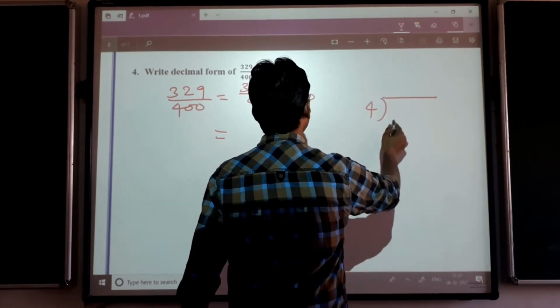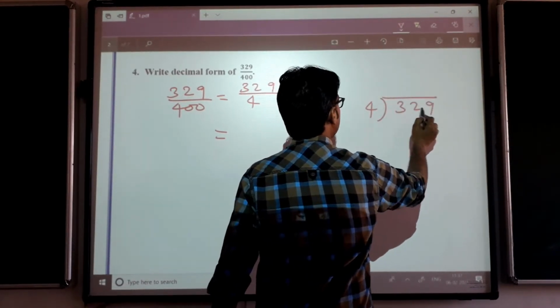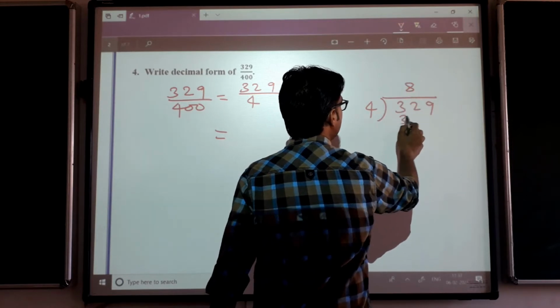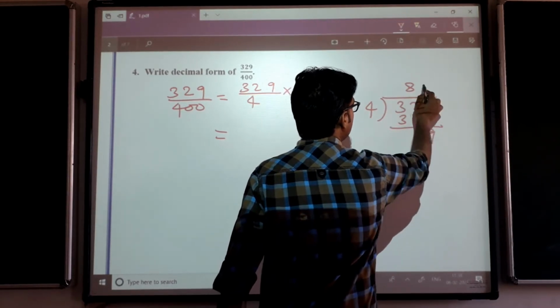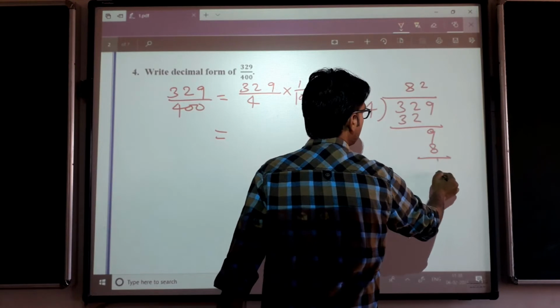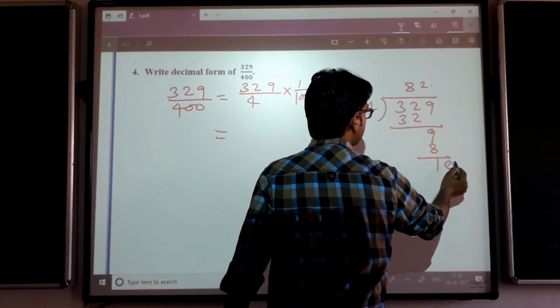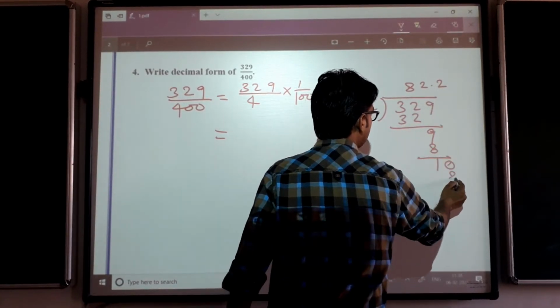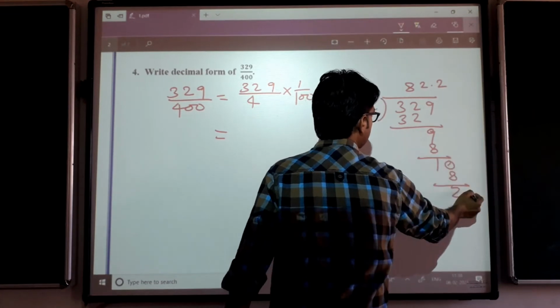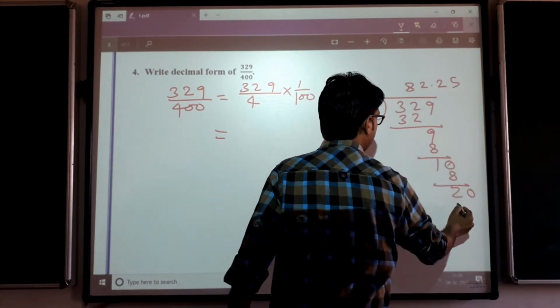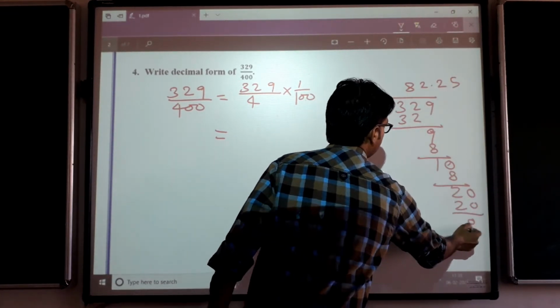So we can write 329, 4 8 times 32, 9, 4 2 times 8, 1, right here is decimal, 0, 4 2 times 8, 2, 0, 4 5 times 20. We get here 0.